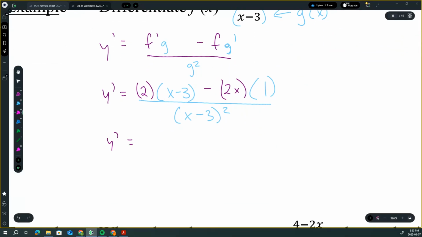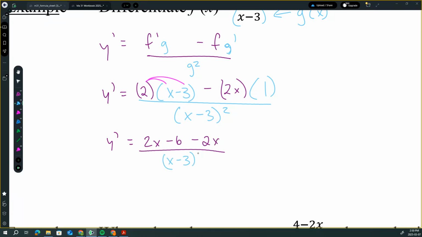So now what I'm going to do, I'm just going to distribute that 2 through, and I'm going to multiply 2x times 1. So we're going to get 2x minus 6 minus 2x, all divided by x minus 3 squared.